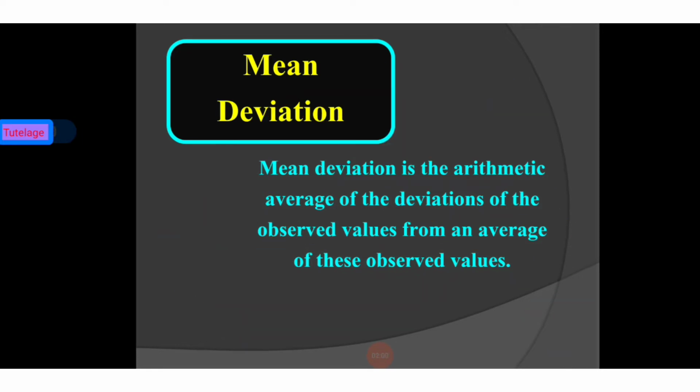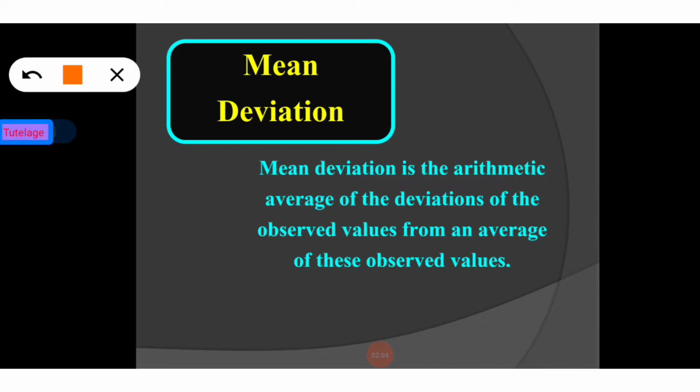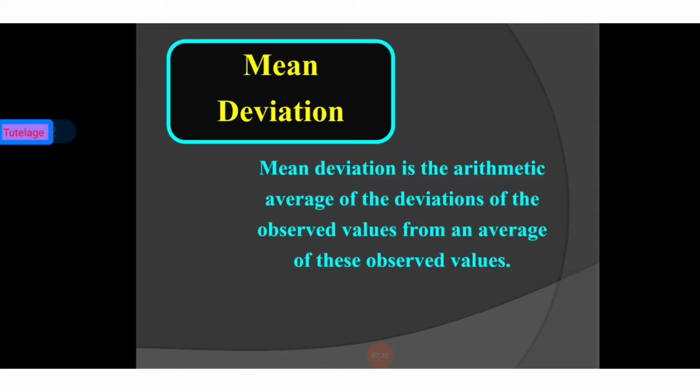Now going to the deviation of the observed values from an average. So the deviation is x, the observed value, minus x bar, the average value. This is called the deviation, and it is denoted by small d.